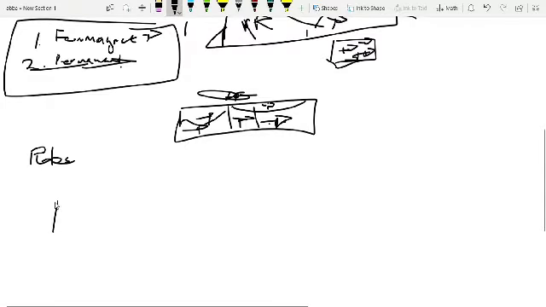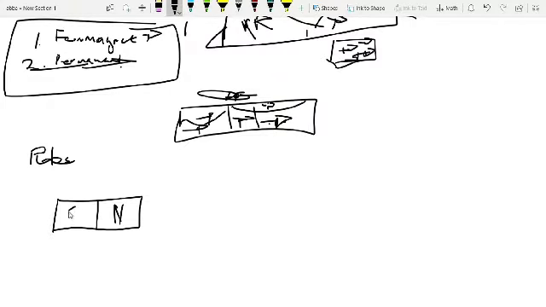Being a permanent magnet, it has poles, which means it has the north pole and the south pole, right? Now, remember what I said: they are all facing in the same direction. But before we go to the direction part, let's focus on this. The magnet will have the south pole and the north pole.